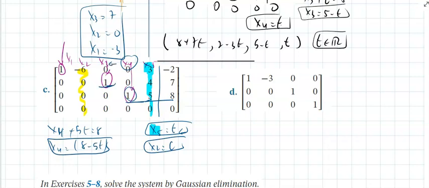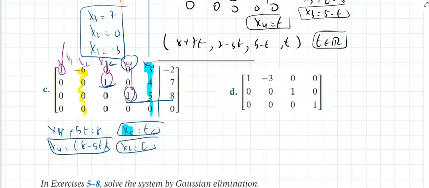So 1x3, x3 is going to be 7 minus 4x5, which is t. I got it. So we have x2, x3, x4, x5.